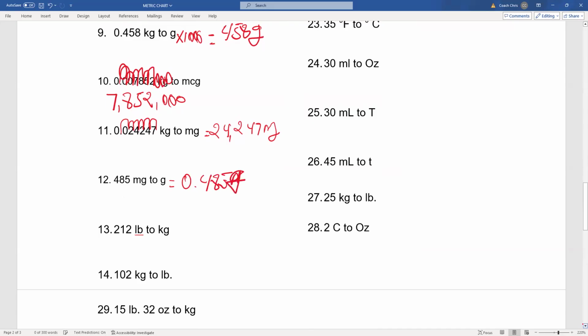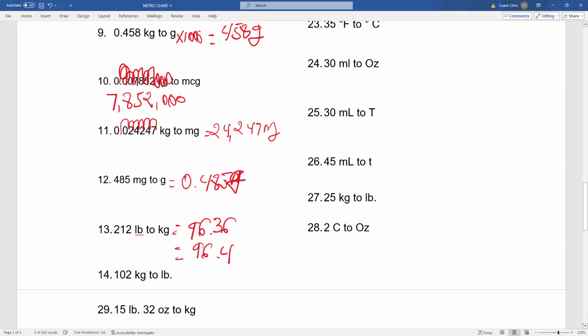All right. Pound to kilogram, we learned pound to kilogram, you gotta divide by 2.2. All right, we learned that 212 divided by 2.2, you have a 96. They may tell you to stop at the second place or first place. If I gotta stop at the second place, I'm gonna have 96.36. If I have to stop at the first place, then I'm gonna have a 96.4.